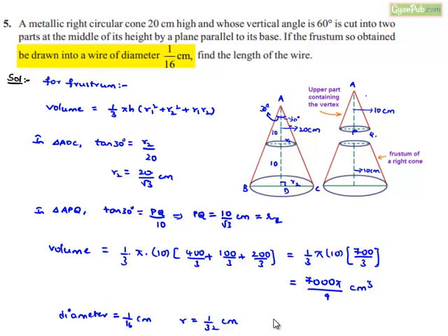Now let us assume that the length of wire is L. As the cross section of wire is cylindrical, we can say the volume of wire is pi r square into L, that is pi into 1 by 32 whole square into L.